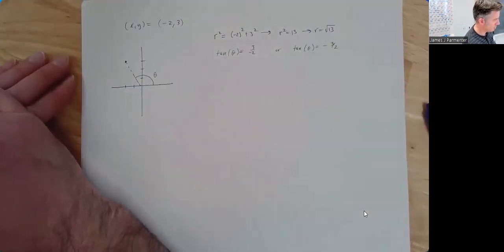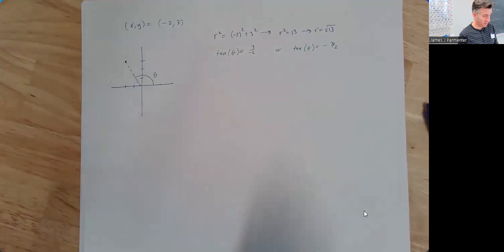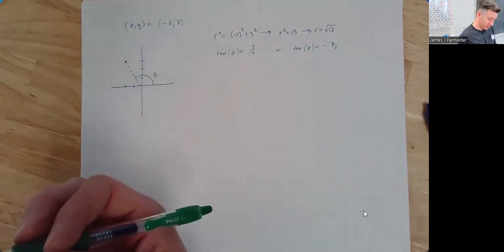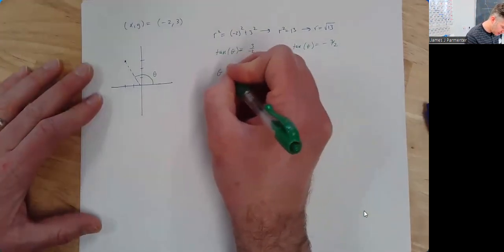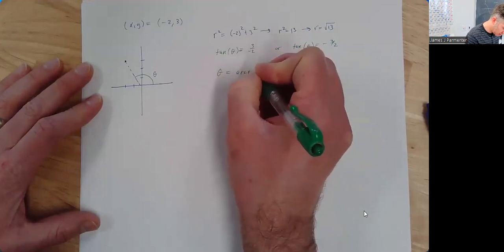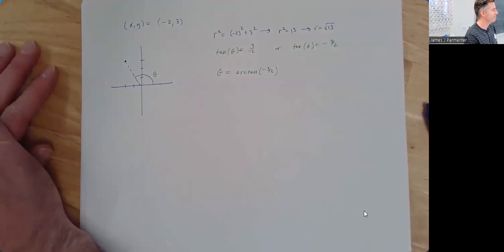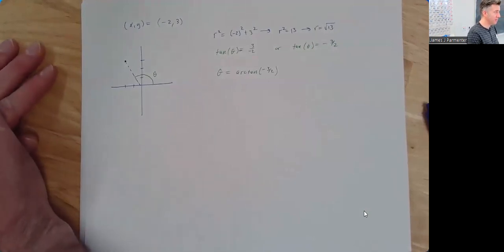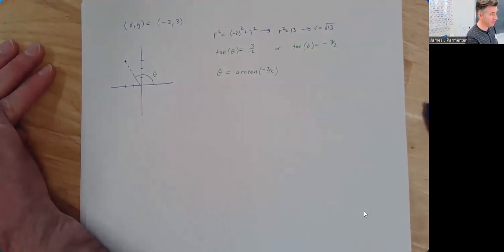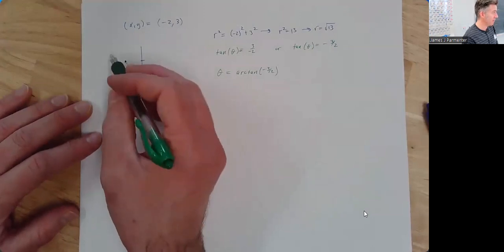So here's the problem. If you are not careful, you're going to describe the wrong point. If you say that theta is the arctangent of -3 over 2, it's not the right angle, because the arctangent function spits out angles between -pi over 2 and pi over 2, and this angle is bigger than pi over 2.